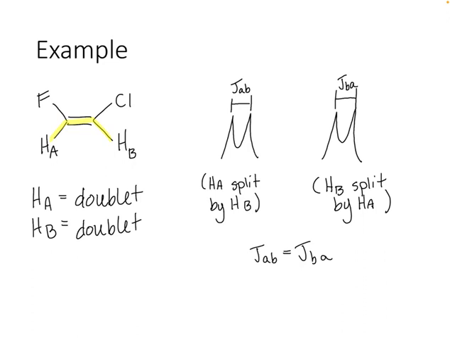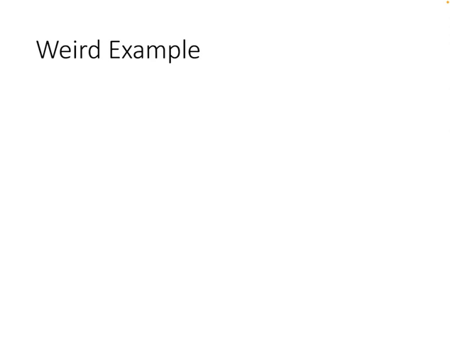Now let's look at a weird example. So let's say we have a similar alkene. So we've got a fluorine and a hydrogen on one carbon, but this time we have 2 hydrogens on the other carbon. How many unique hydrogens do we have? 3.